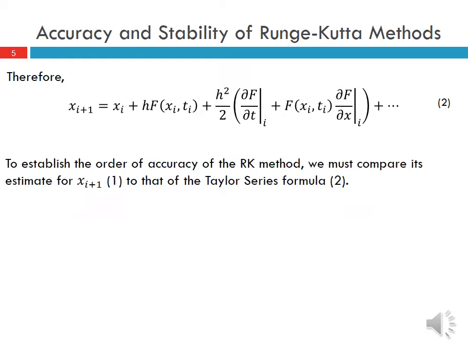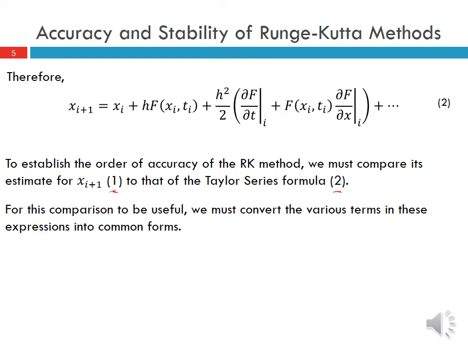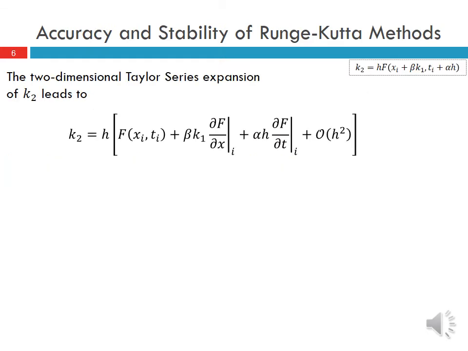Now to establish the order of accuracy of the RK2 method, we must compare its estimate for x_i+1, which we called equation 1, to that of the Taylor series formula, which we're calling equation 2. For this comparison to be useful, we have to convert some of the terms in the expressions into common forms. So we can do a two-dimensional Taylor series expansion of k2.